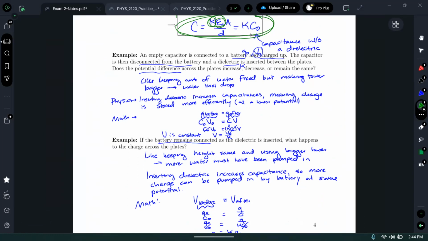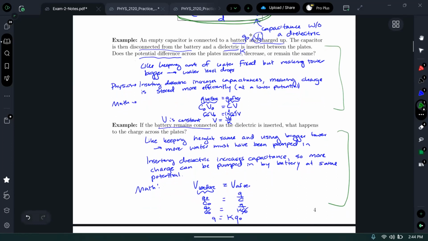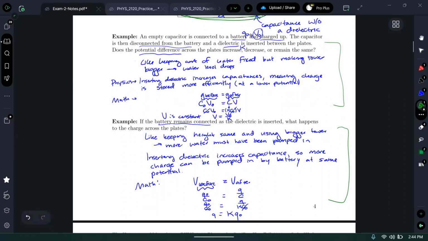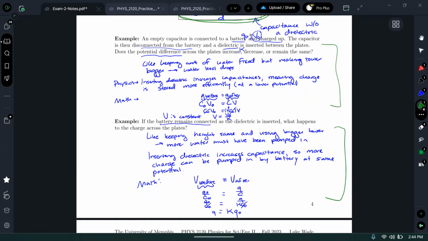So these kinds of questions are pretty likely as a conceptual type question. If you keep either the electric potential or the charge the same, and then change the capacitance by changing the dielectric present in your capacitor, what happens as far as charge, electric potential difference, and capacitance?